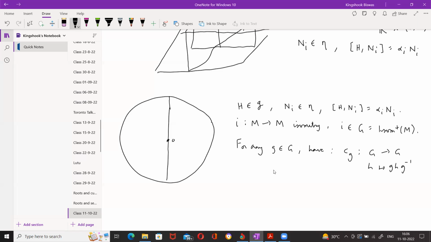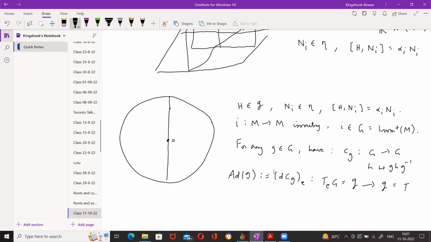And then I look at the derivative. So this fixes the identity. So then you define big Ad of g, which is defined to be the derivative of this conjugation map at the identity. So this goes from the tangent space at the identity, which is fraktur g, to fraktur g.